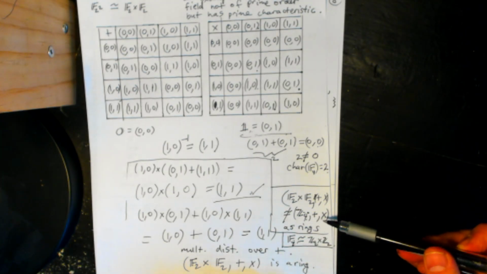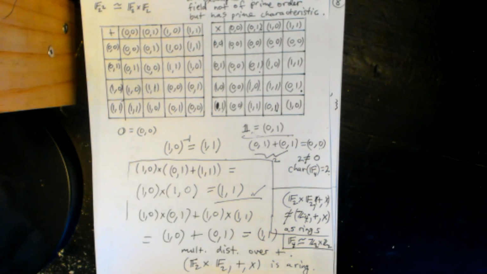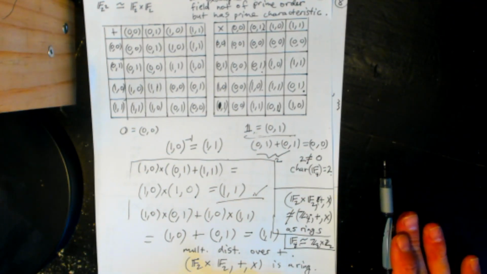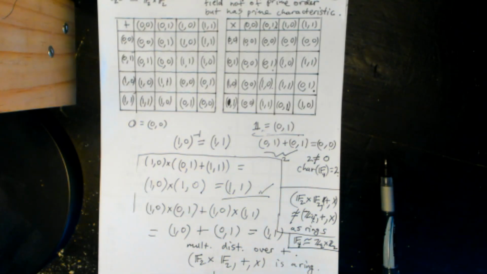So remember, we also have, now let's see, where do I? Let's see if I can find the page from the last recording that I did, where I had the Cayley table of integers mod 4. Hopefully I have it.